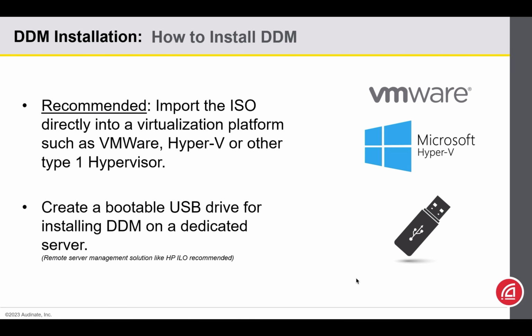The first step of a VM installation would be to directly import the ISO file to the virtualization platform. If you've not done this before, don't worry. We have a short video on how to do it, and you will see that it's extremely simple.